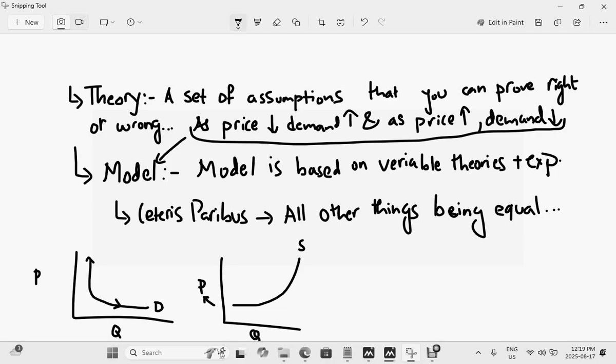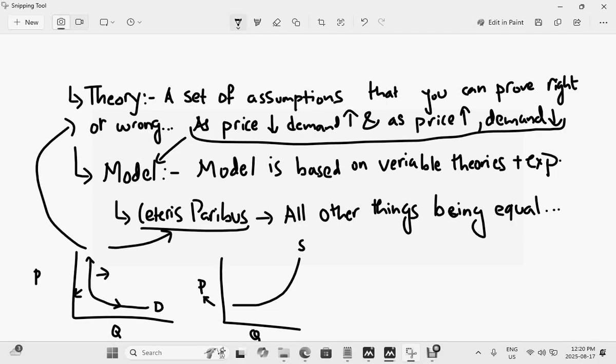So again, this has to do with the theory, and this is based on the model of ceteris paribus. You're testing this theory using this model, where the movement is along the curve rather than the shift of the curve itself.